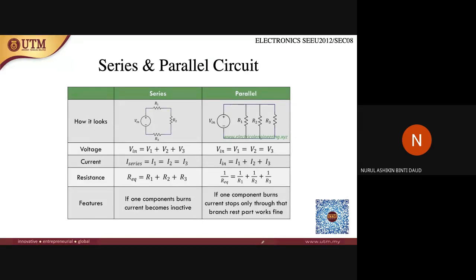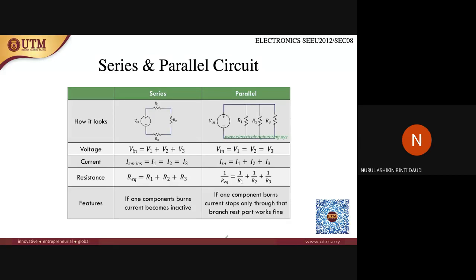In a series circuit, usually the voltage you need to add, V1 plus V2 plus V3, you will get V in. But for parallel, the voltage is the same as V in. For current, the current for series is always the same, but for parallel you need to add I1, I2, I3.